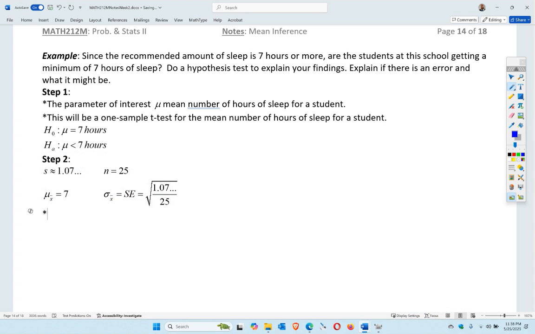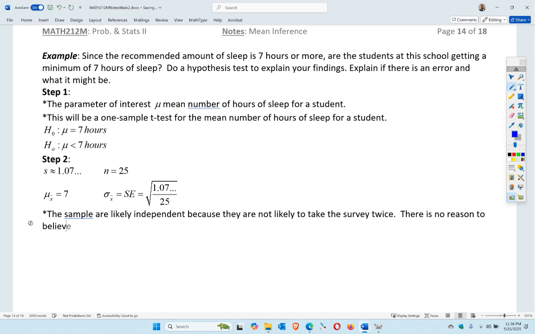So the samples are likely independent because they are not likely to take the survey twice. There is no reason to believe they were not collected randomly, right?